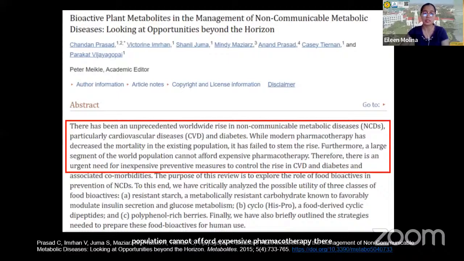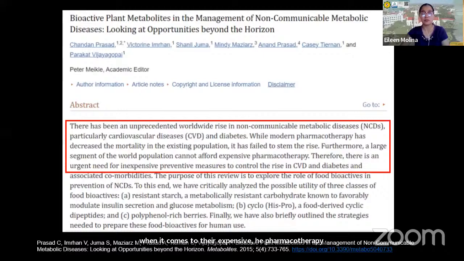Therefore, there is an urgent need for inexpensive preventive measures to control the rise in CVD and diabetes and other associated comorbidities. This is one of the reasons why there is a need to conduct researches on secondary metabolites, to curb the out-of-pocket expenses of different patients when it comes to their expensive pharmacotherapy.